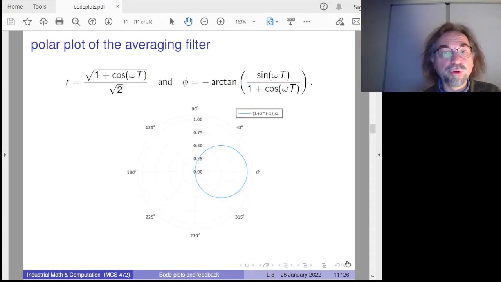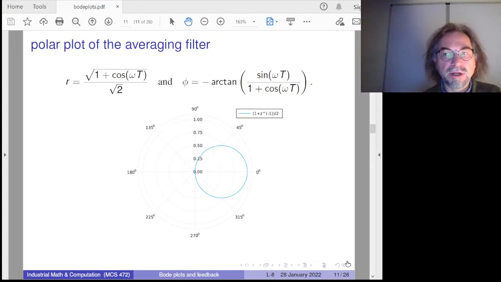So here is the polar plot of the averaging filter. We let an angle go. The important parameter here, the independent parameter, is the frequency. So we have the frequency n that goes from 0 to 1000. The capital T is 1 over 1000.